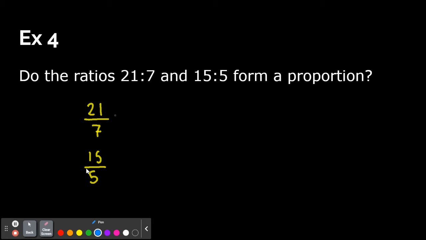Again, I'm just going to reduce both of these fractions. I see both 21 and 7 are divisible by 7. So 21/7 reduces to 3/1. That's great. Let's take a look here. Both top and bottom are divisible by 5. 15 divided by 5 is 3, and 5 divided by 5 is 1. So in this case, yes, it is proportional.